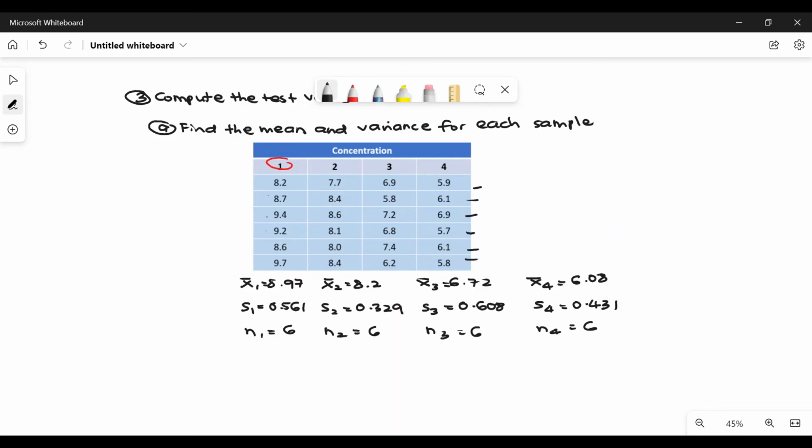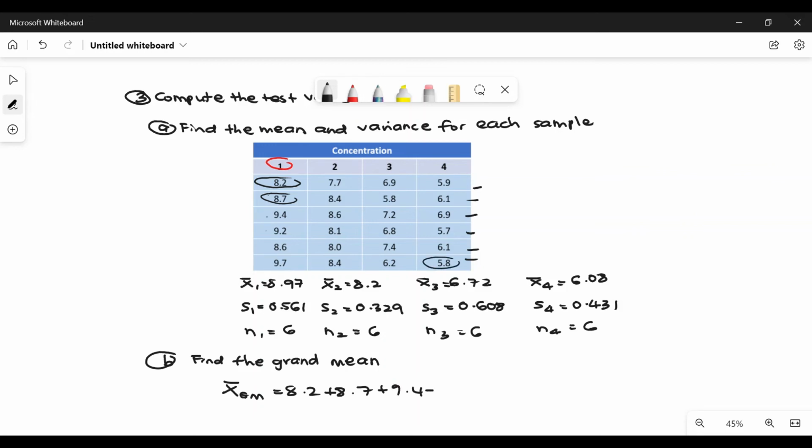Okay, now the next step is to find the grand mean. So here x bar gm, where we need to add all the values here, 8.2 plus 8.7 plus 9.4 up until 5.8, divided by the total number of data.